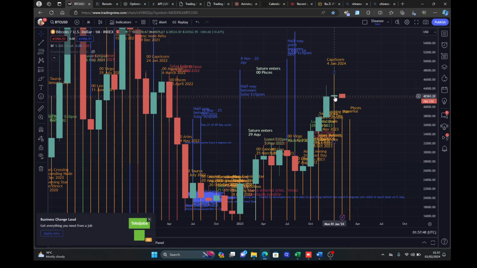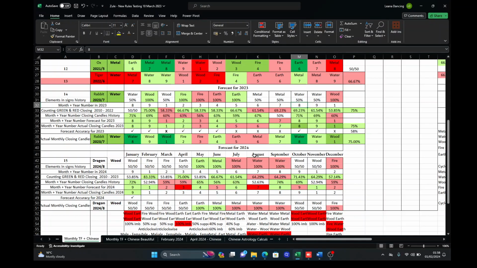I'm relieved that my forecast is correct, because all it takes is to get one month wrong, and then it will influence the percentage of accuracy, and it's very unfair just by a couple of bucks to get the opposite color candle to what I have forecasted, which has happened to me in the past on a couple of occasions last year. So yes, January is correct.